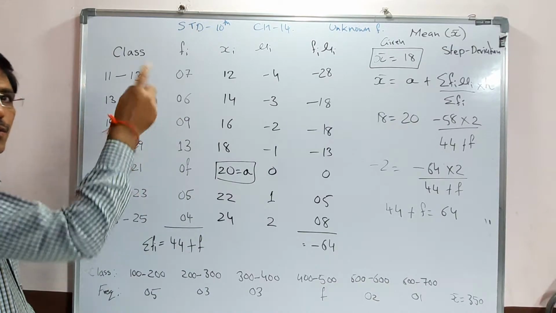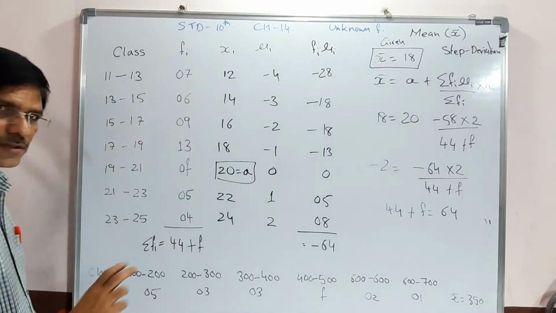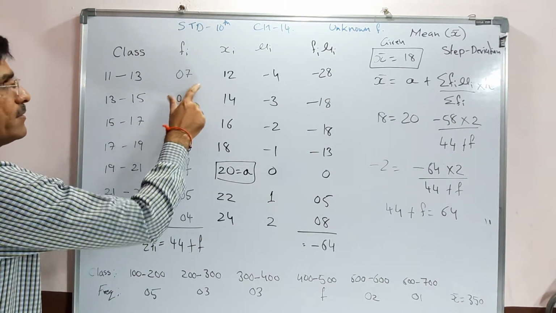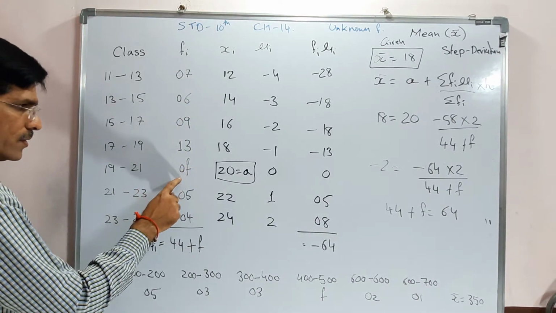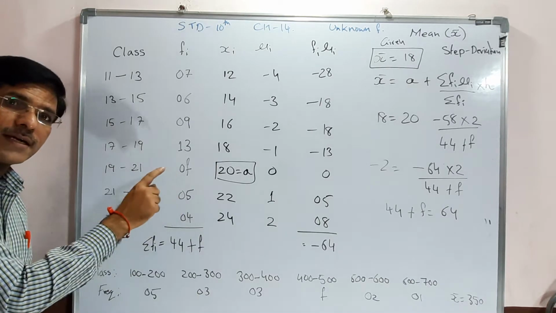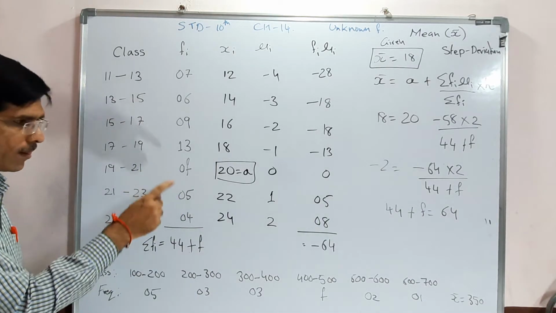Why do I write 0 again here? To make calculation proper. So 07, 06, 09, 13, 0f. I am also writing 0 here, that we have to find out.